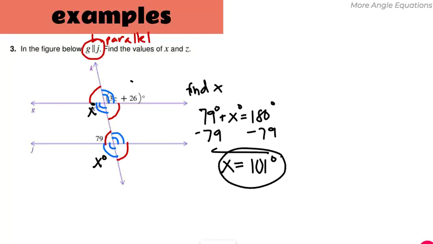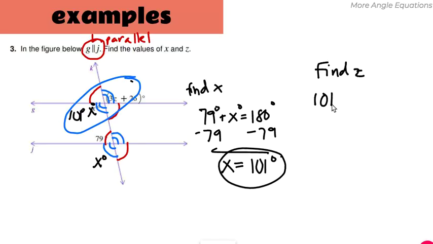Right? So now, if I know that x equals 101 degrees, now I know these two angles equal each other. So to find z, I know that 101 is equal to 3z plus, is that 26? Can't see.